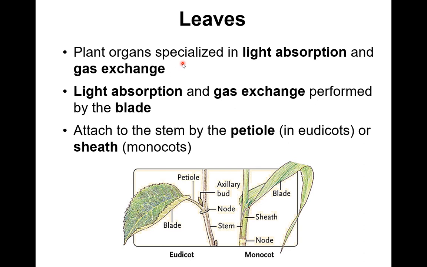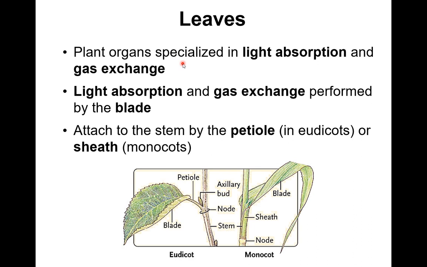But when it comes to the leaves, what we're talking about are those structures in the shoot system that are specialized to absorb light, to maximize the amount of light absorbed, and also to maximize gas exchange. So the release of oxygen coming from photosynthesis, and the absorption of carbon dioxide, which is necessary for the formation of organic molecules.